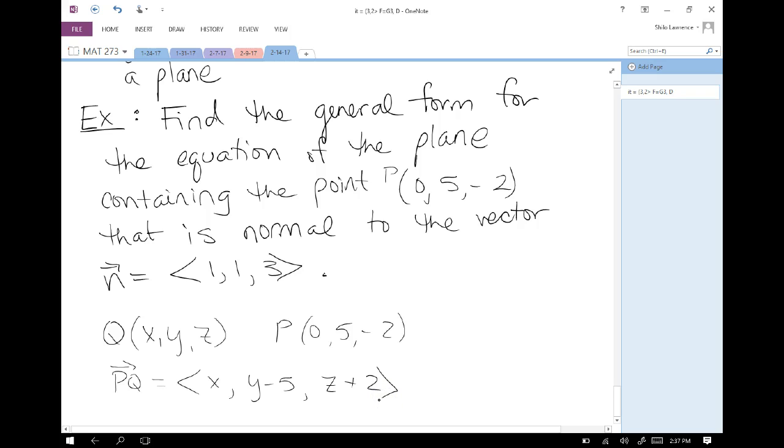So if we do a dot product between this vector that's in the plane and the normal vector, they will always be 90 degrees apart. So that dot product will always be 0.